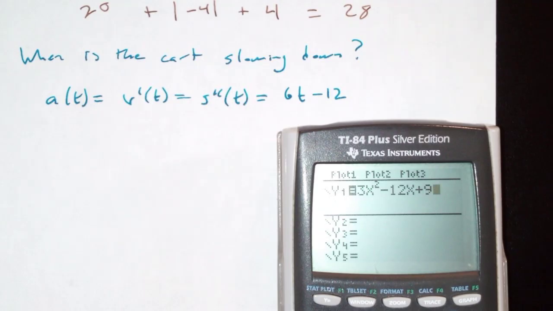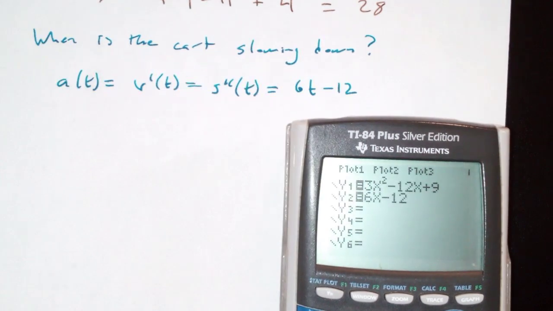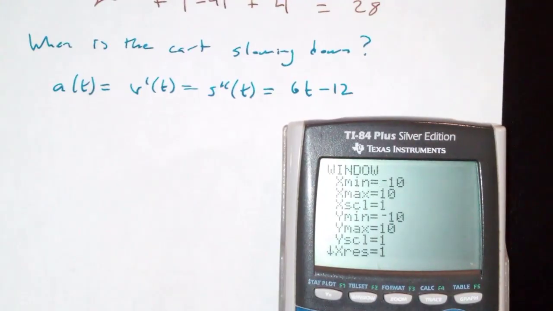But if I'm graphing, I'm going to change all of those to x's. And then my acceleration, 6x minus 12. Now, I only care about the time window we were looking at, so I'm only going to put 0 to 5 on here. With me so far?